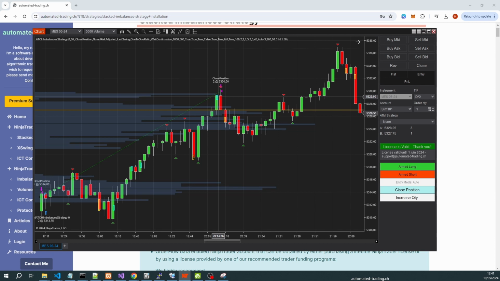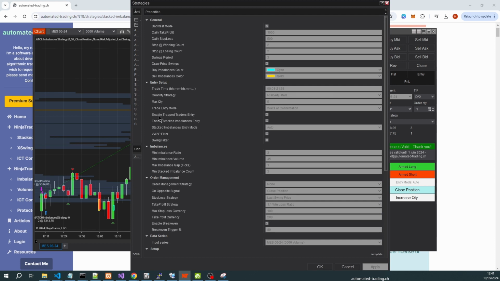So this second setup is called the trap traders entry, and it will enter on reversal. So you can enable or disable each entry setup.